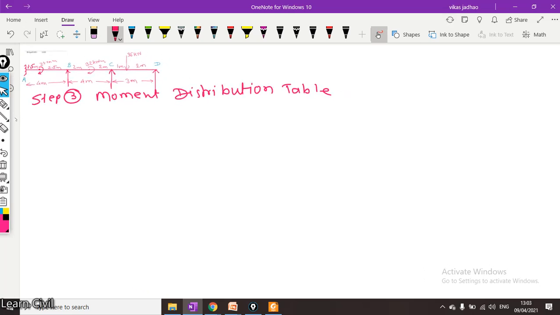For the moment distribution table, we have to draw a table like this: joint, member, then we have the distribution factor, so I will write down DF, distribution factor, and then the fixed end moment, that is FEM. Okay, and then draw the table.